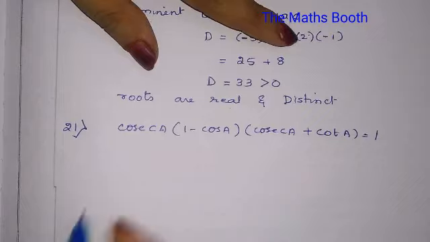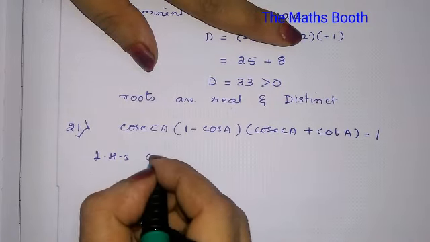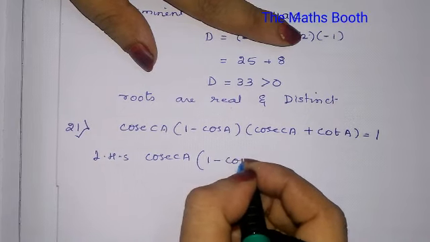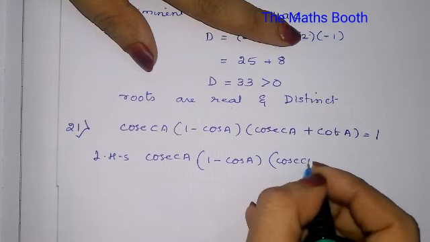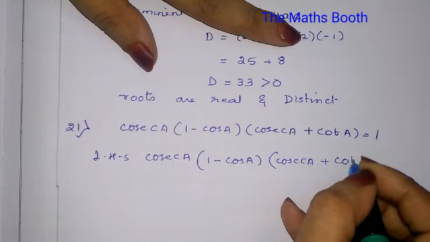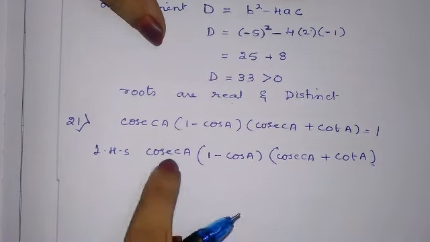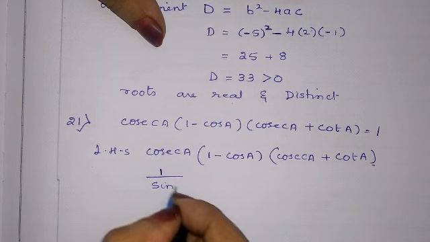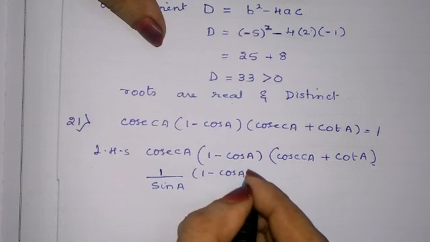So what we have to do, I'll take this LHS: cosec A into 1 minus cos A into cosec A plus cot A. Now we know that cosec is nothing but 1 by sine. 1 by sine into 1 minus cos A, I'll keep as it is.